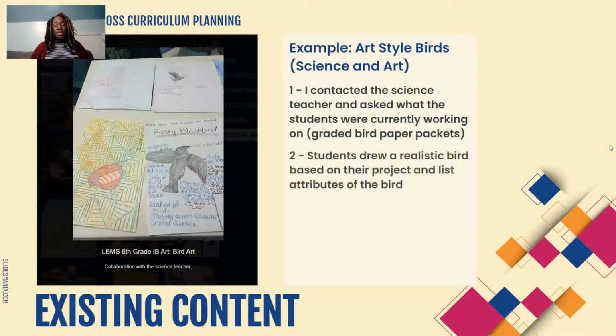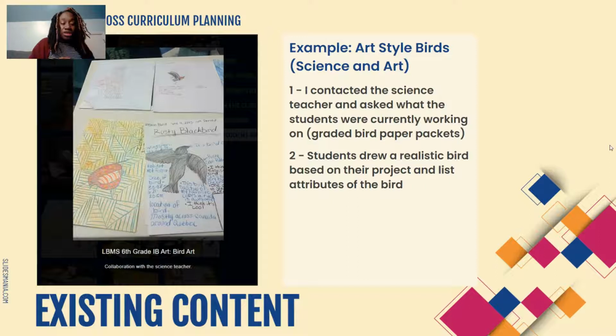And what I had them do was a little bit more research on the birds. So they had to look up the bird, draw that bird as realistically as possible, and then give me visual observations about that bird.